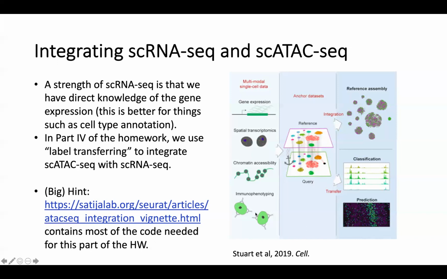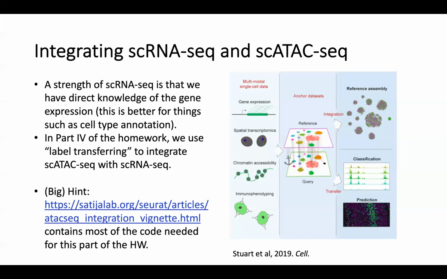This method finds anchors between the two data sets. First you do batch correction, and after that you find anchors. If two cells or two clusters look very similar between the query and the reference, it's likely that they align and have the same cell type.